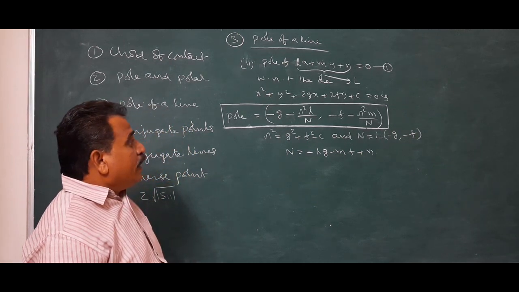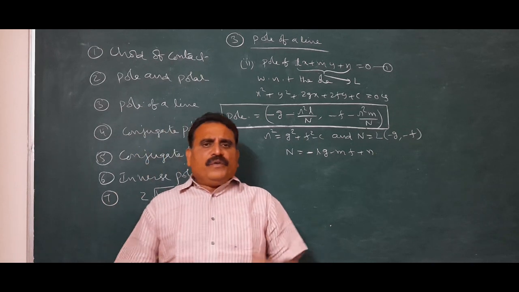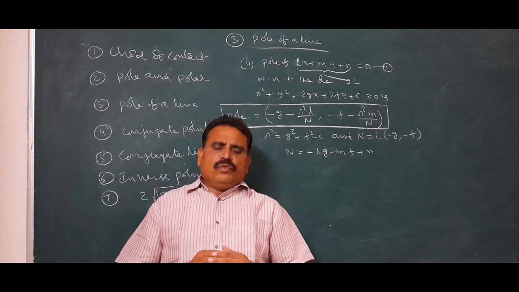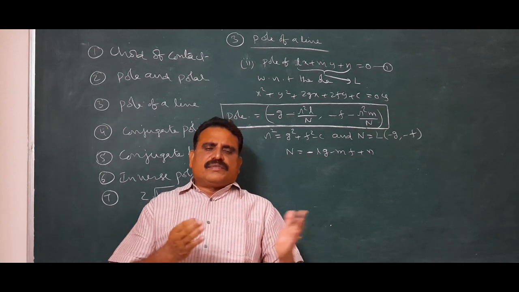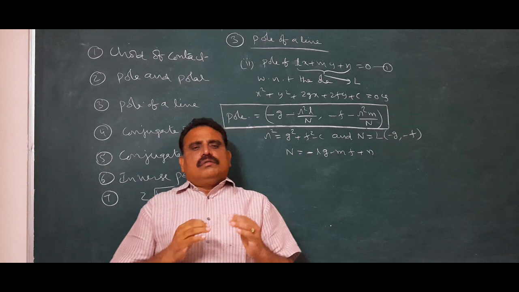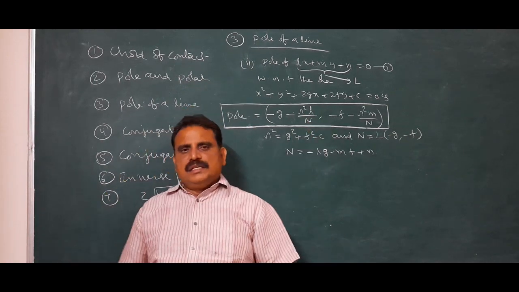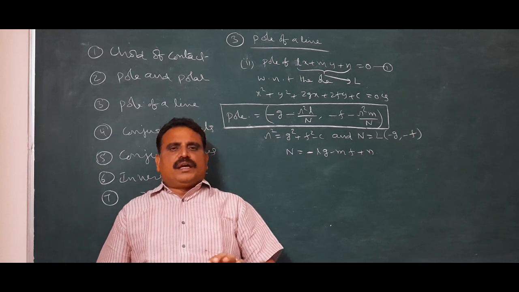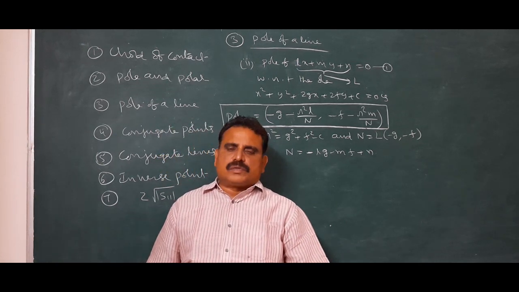How to derive this one? Simple. Before, we proved that if the center of the circle is origin, the pole is (minus r square L by N, minus r square M by N). In the same way, now the origin is shifted to the center of this circle. Automatically, the center becomes 0. Then x square plus y square equal to r square.